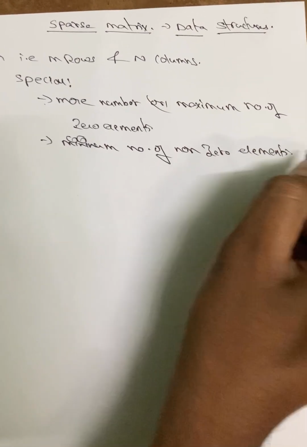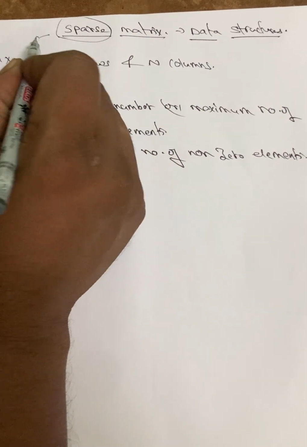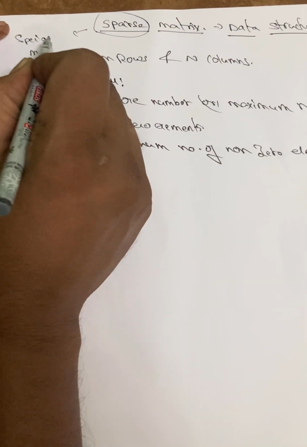That is the reason we call this sparse matrix a special matrix.